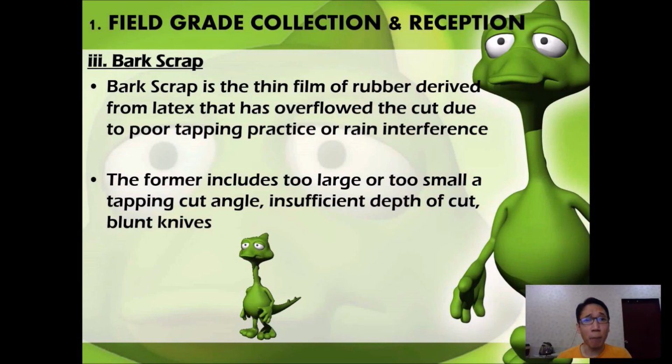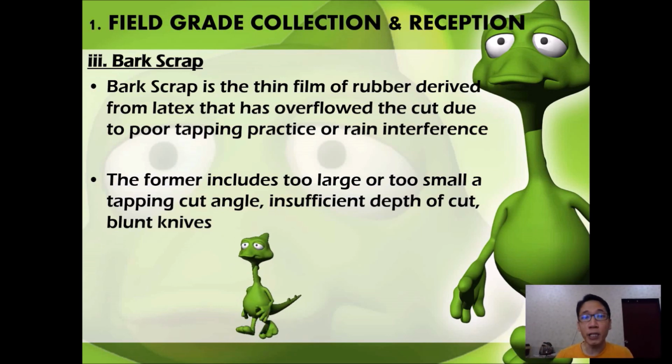The third one is bark scraps. Bark scrap is a thin film of rubber derived from latex that has overflown the cut due to poor tapping practice or interference. What is bark scrap? Usually whenever you tap the rubber tree, the latex will flow through the groove.